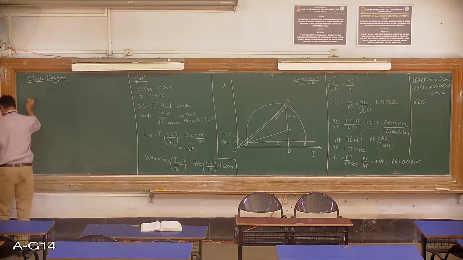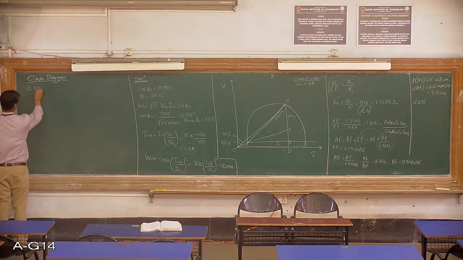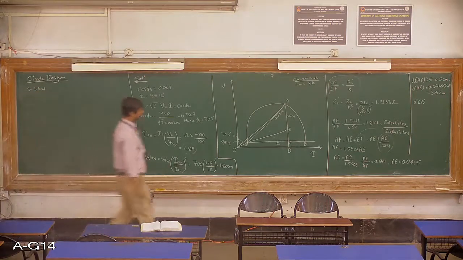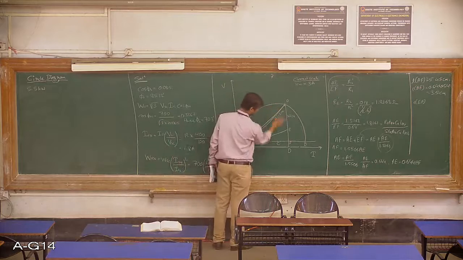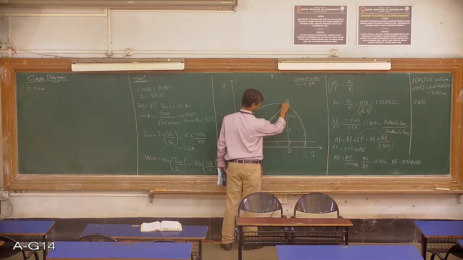Now they have given the rating of the machine as 5.5 kilowatts. It's a 5.5 kilowatt machine. Now this entire line AD is describing the loss. AD is completely lost.